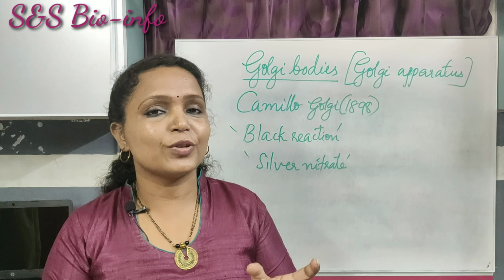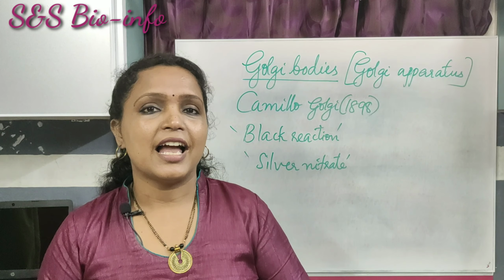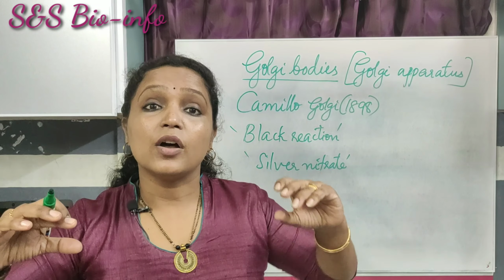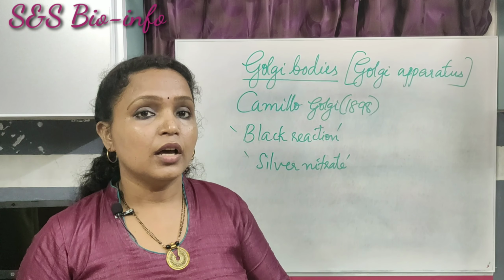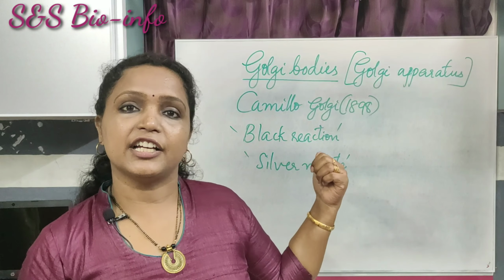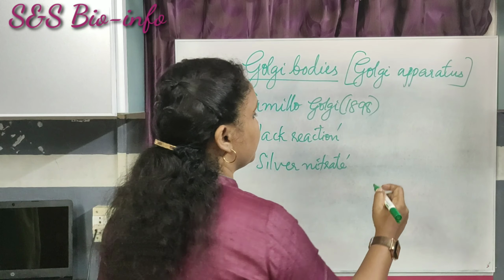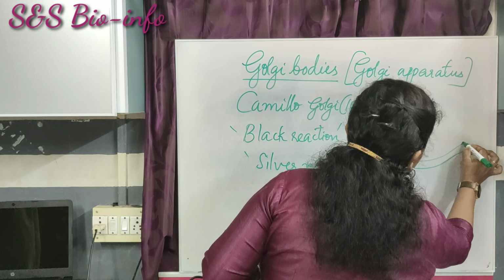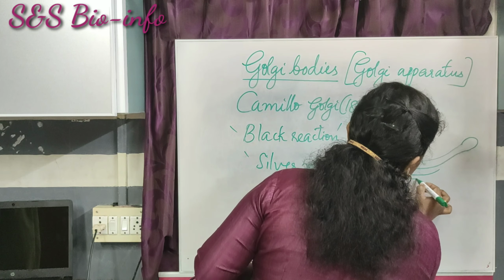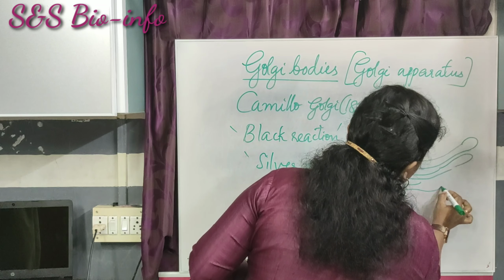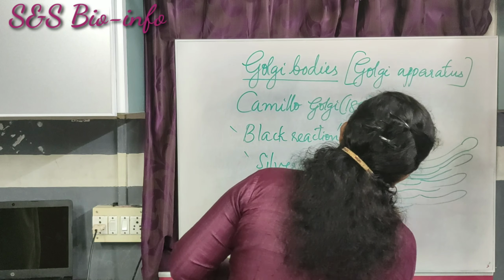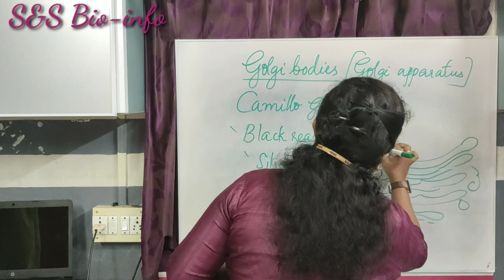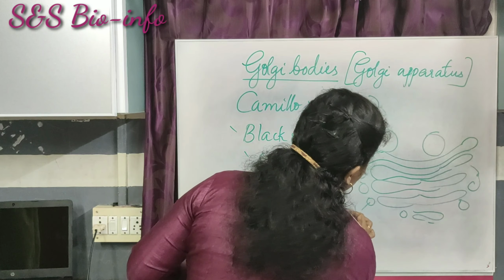Golgi bodies are also known as Golgi complex, as it consists of membrane-bound flattened sacs, vesicles and vacuoles. Now you can observe the diagram of the Golgi complex. It consists of parallelly arranged membranous flattened sacs, and also small vesicles and vacuoles.